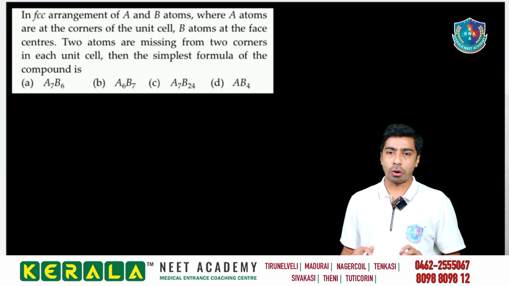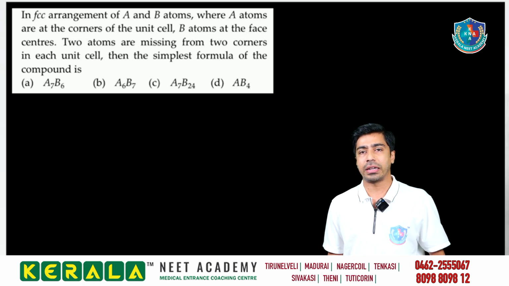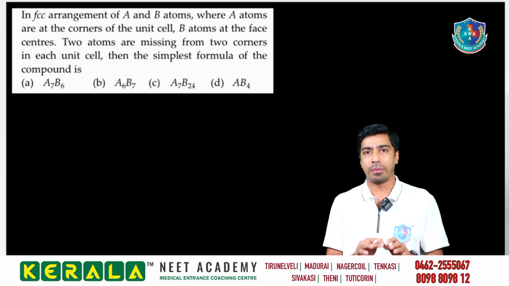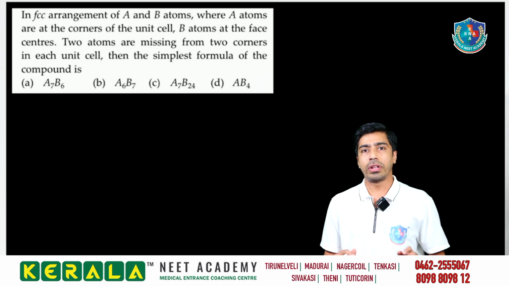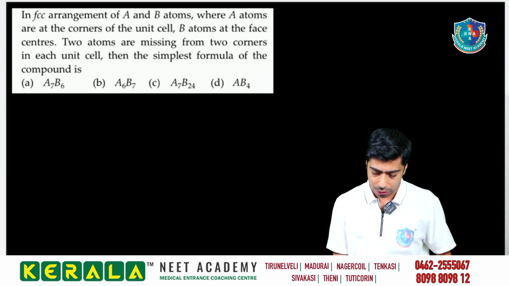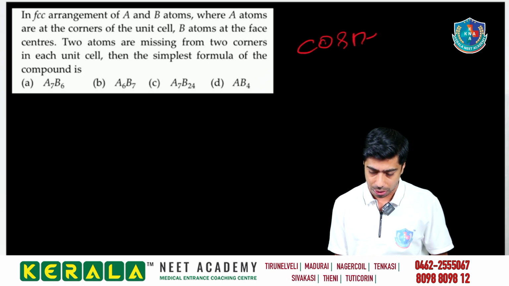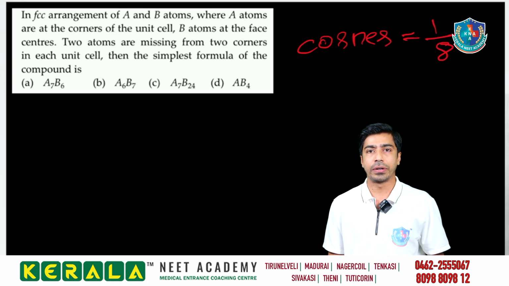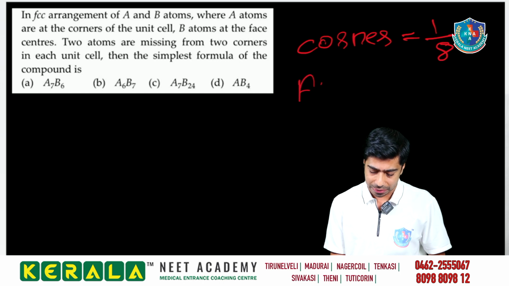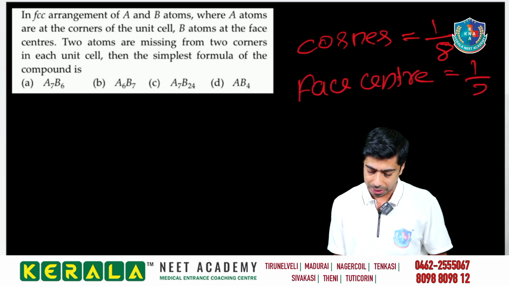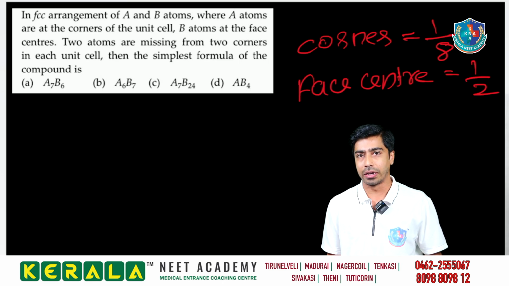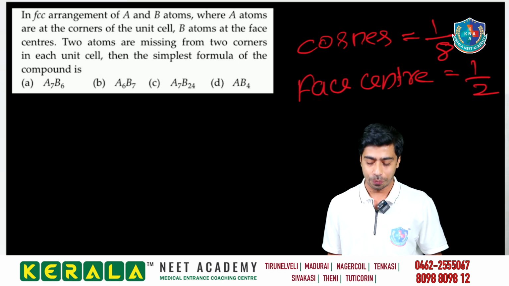And we should know the contribution. Apart from the question, we'll have a basic idea. When the particles are present at the corner of the unit cell, 1/8 will be the contribution. When a particle is present at the face center, the contribution by that particle to that particular unit cell, as you all know, will be 1/2.